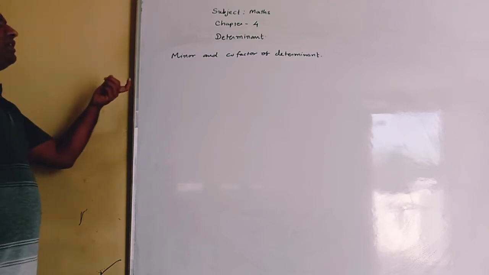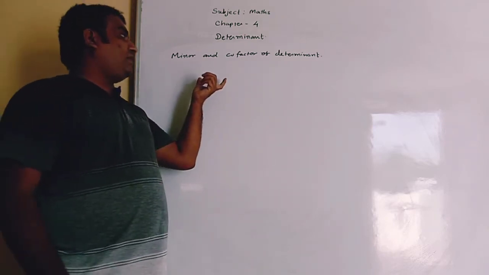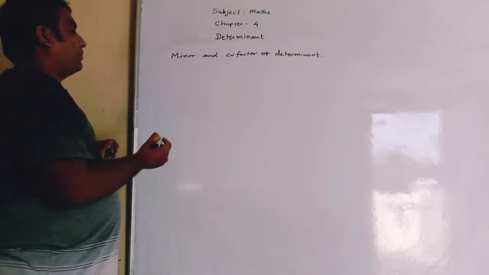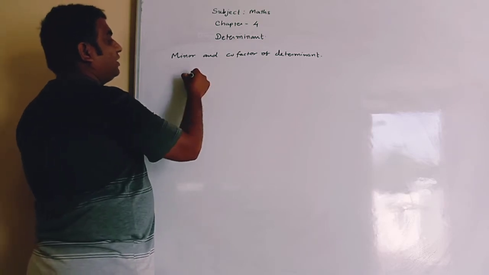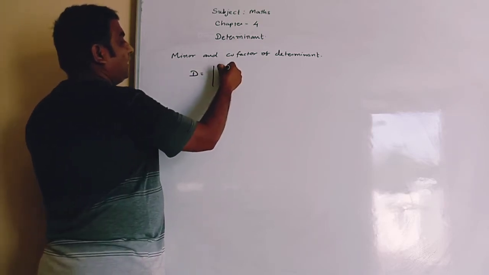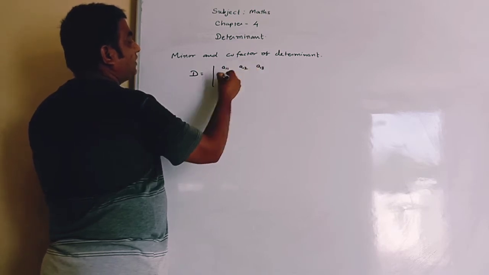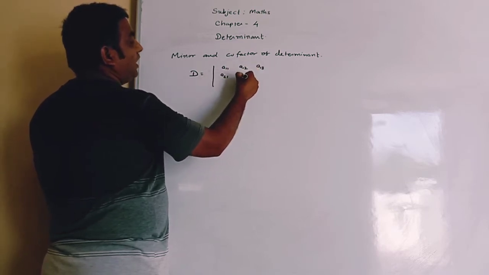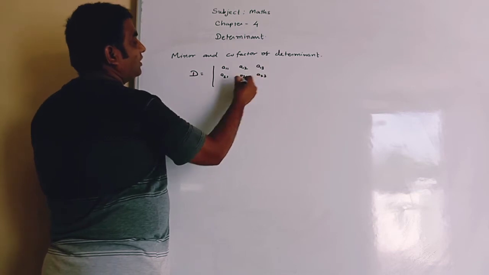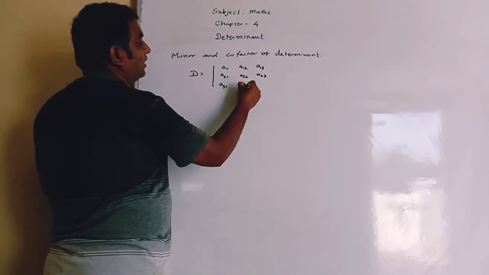Now suppose we multiply a determinant by the same row's cofactors, then what happens? Suppose we have the determinant D with elements a11, a12, a13, a21, a22, a23, a31, a32, a33.